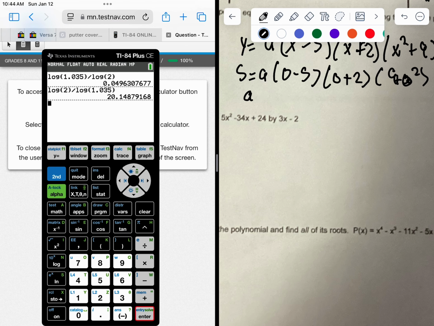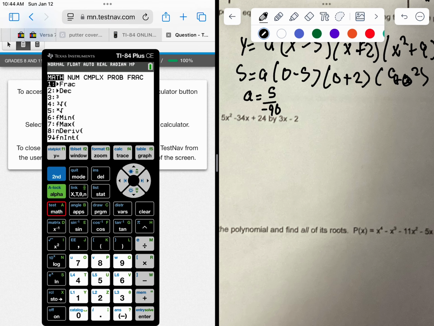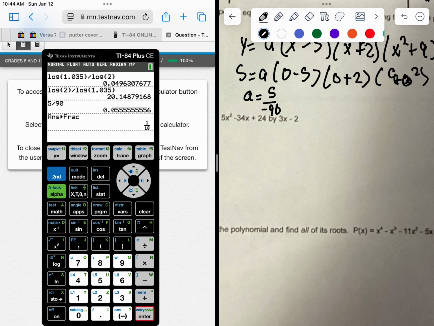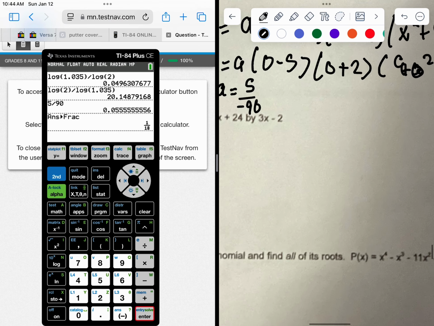So a is equal to 5 divided by -90. Simplify that. One over 18, sorry. A is equal to -1 over 18.